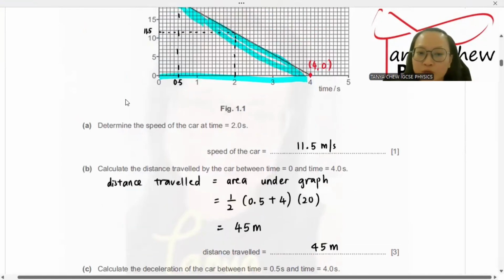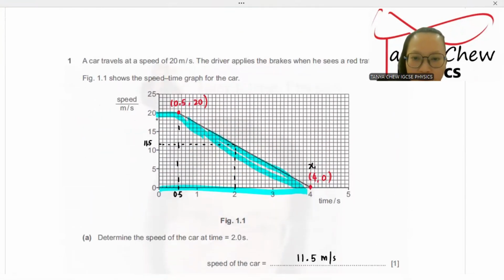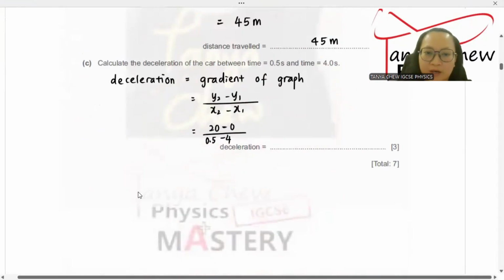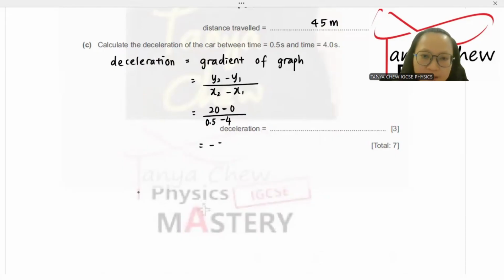It doesn't matter which one you want to put as x2 and y2. I put this as x1 and y1. This is x2 and y2. You can put it the other way around, it doesn't matter. So you would end up with the same answer as mine. So I got negative 5.71 meter per second square. So negative 5.71 meter per second square is the answer.